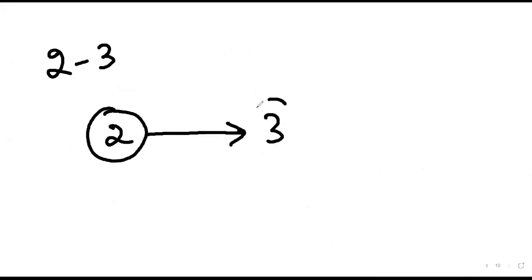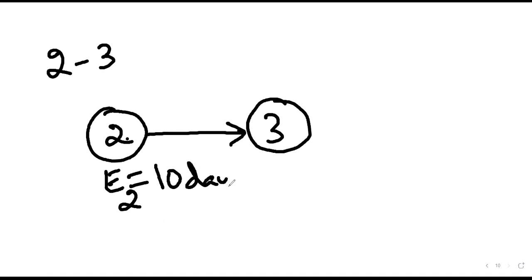Activity starts, it is represented this way. Now the 2-3 activity actually starts from the second node. That is the reason we consider the early start for this particular node. So what is E2 here? E2 is already calculated. 10 days. So that is the reason the early start for the 2-3 activity is equal to 10 days.